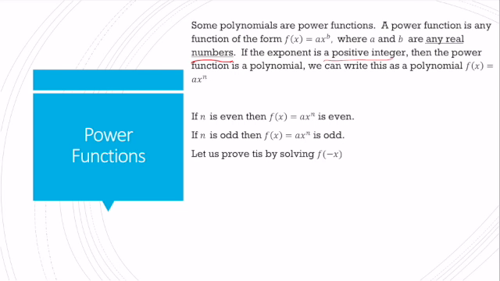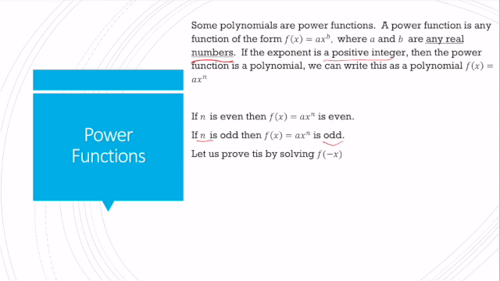It's important to note that if I have n even, my function is going to be even, right? That means it's symmetric around our y-axis. If n is odd, that means my function is going to be symmetric around the origin. And if you don't remember that, feel free to go back and watch the videos from section 1.1.